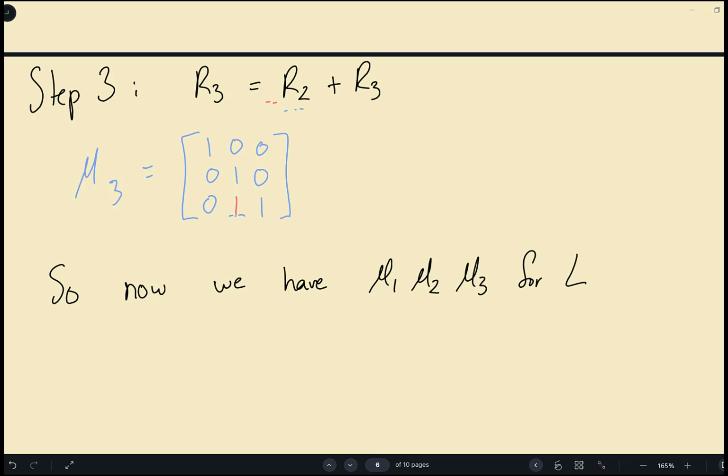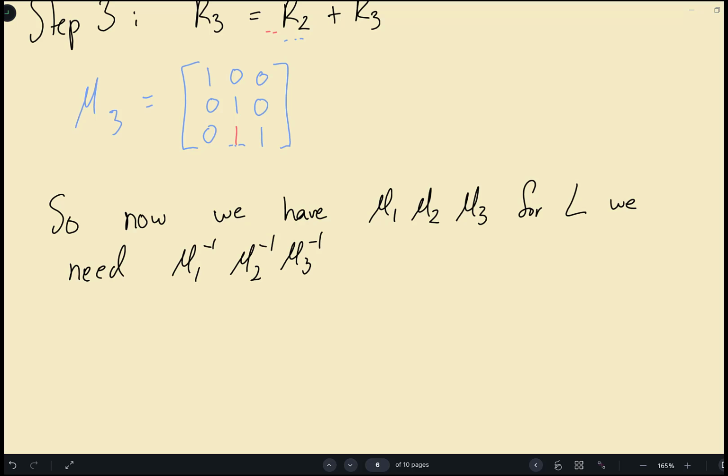For L, what we need is basically the inverse of each one of those: M1 inverse, M2 inverse, and M3 inverse. And basically for an elementary matrix, the inverse is the identity matrix with the sign of the single row operation switched.